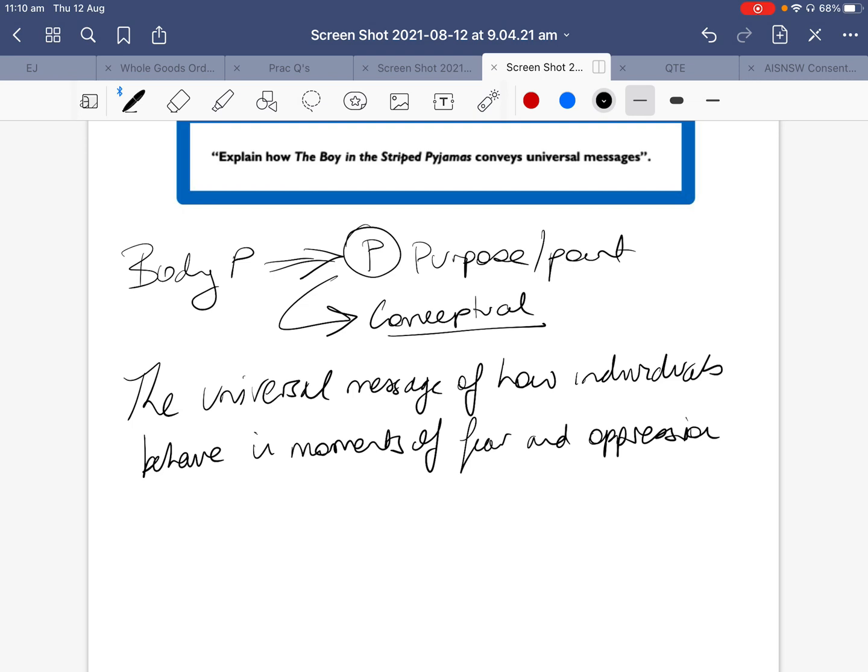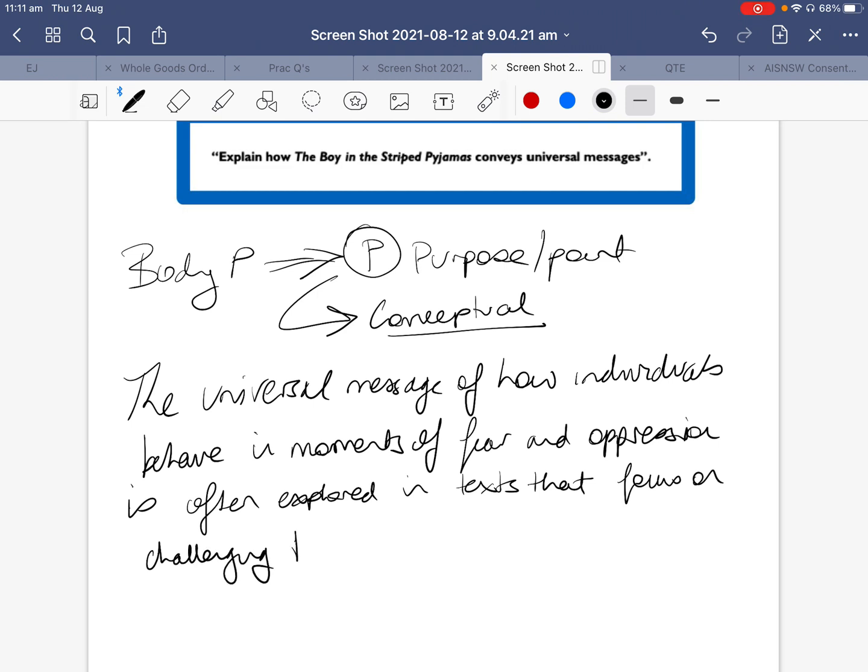The universal is often explored in texts that focus on challenging times in our history. Okay, so you'll notice I haven't mentioned The Boy in the Striped Pajamas at all yet.